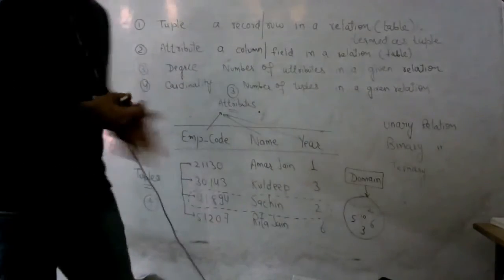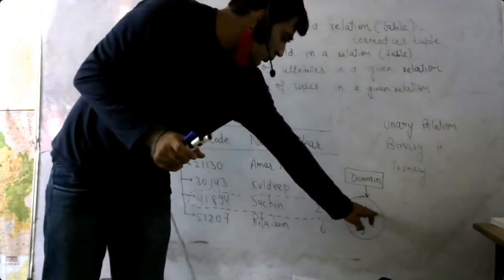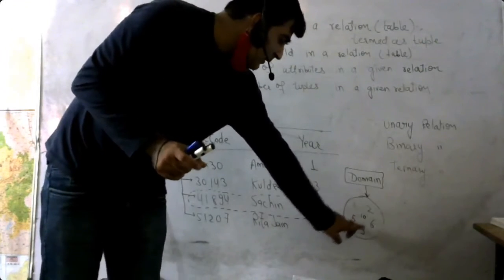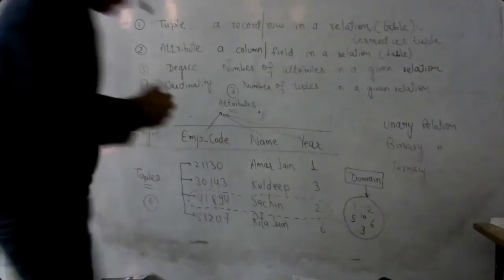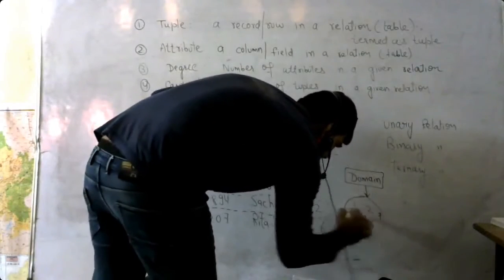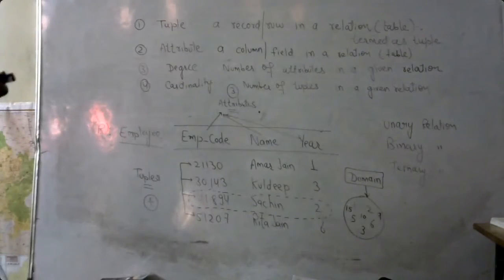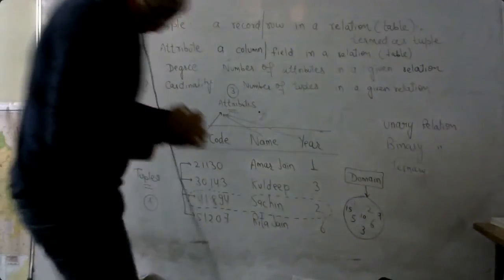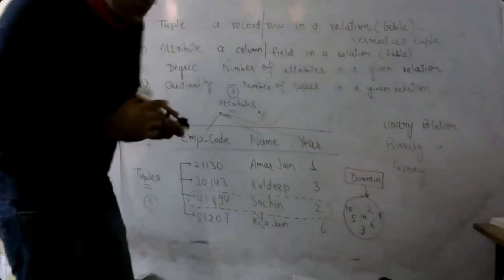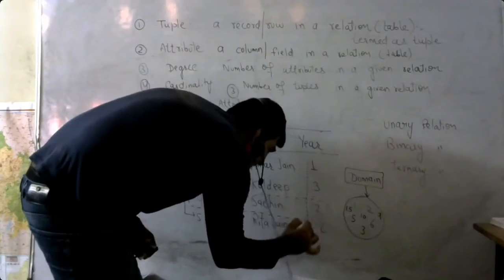See here, we have 6 values, and we can have more than 6 values, like 7, 15. So what is domain? If someone asks you what you mean by domain, a domain is a set of values from which values exist in a particular attribute.